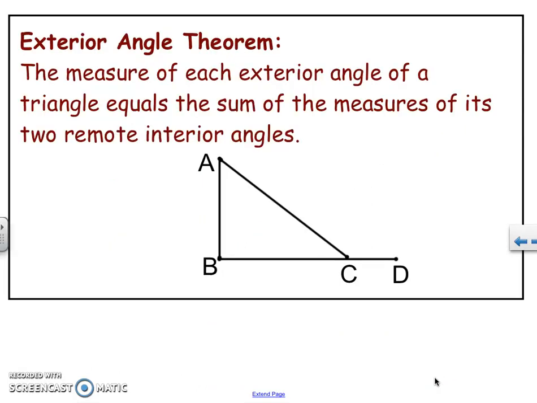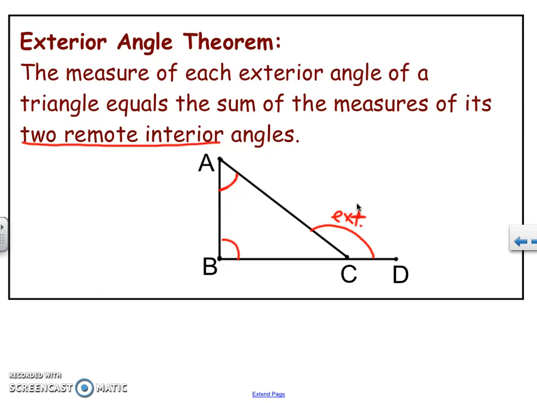All right, we've got one more theorem, and it's called the exterior angle theorem. And it says the measure of each exterior angle of a triangle equals the sum of the measure of its two remote interior angles. So, remote interior angles would mean A and B, okay, because they are the farthest from this exterior angle, okay?